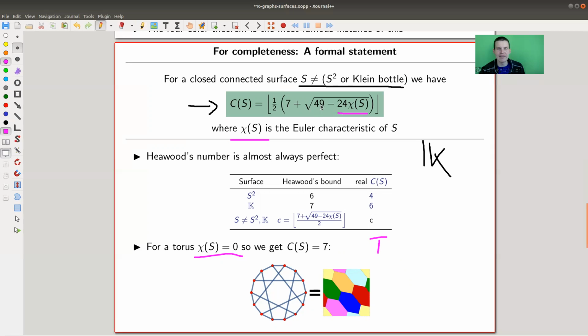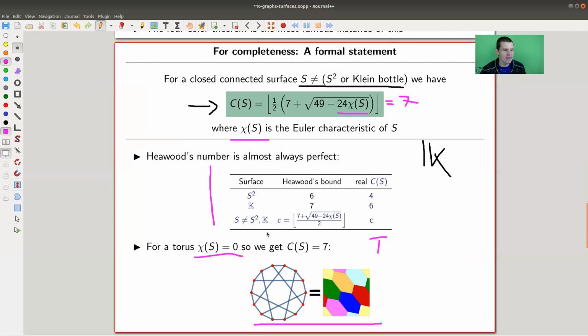The square root of 49 is 7. 7 plus 7 is 14, divided by 2. So this gives 7, which is exactly our picture from before with the 7 colors. And this formula proves that this is the maximum number of colors we ever need for any graph that embeds into the torus. The formula is ridiculously efficient. It's absolutely great.